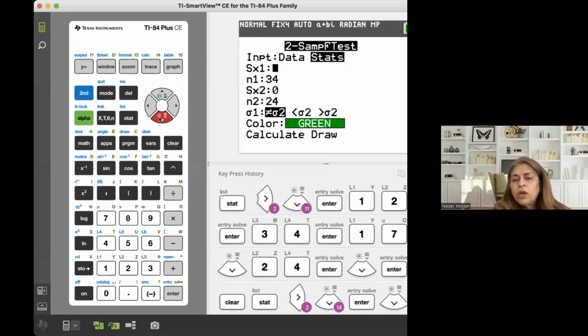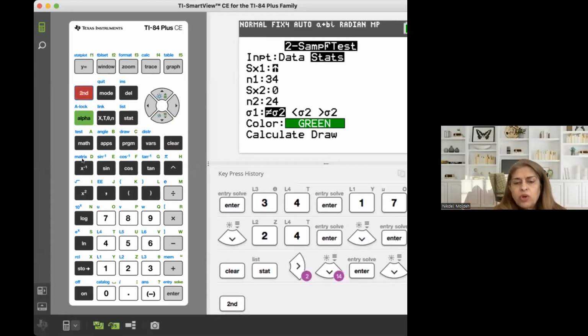So I go to my S sub X1. The calculator is asking for standard deviation, not variance. Since I want the standard deviation and they gave me variance, I have to take the square root of variance. So I get square root of 36.